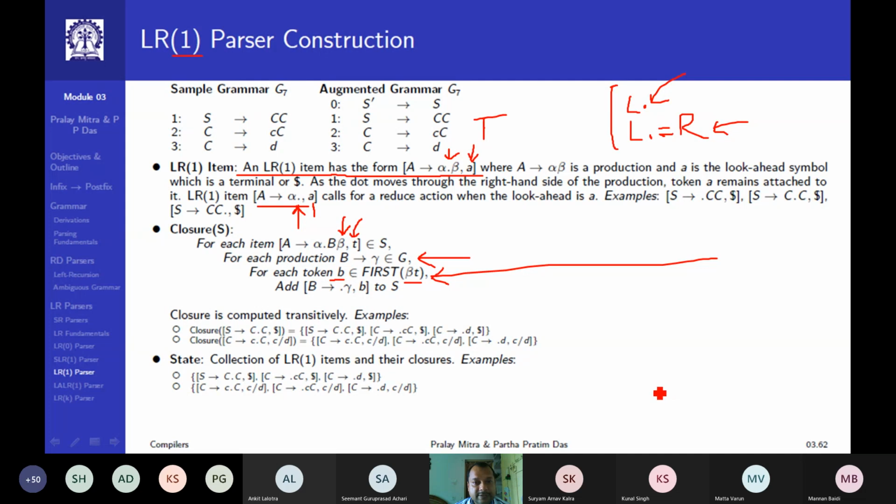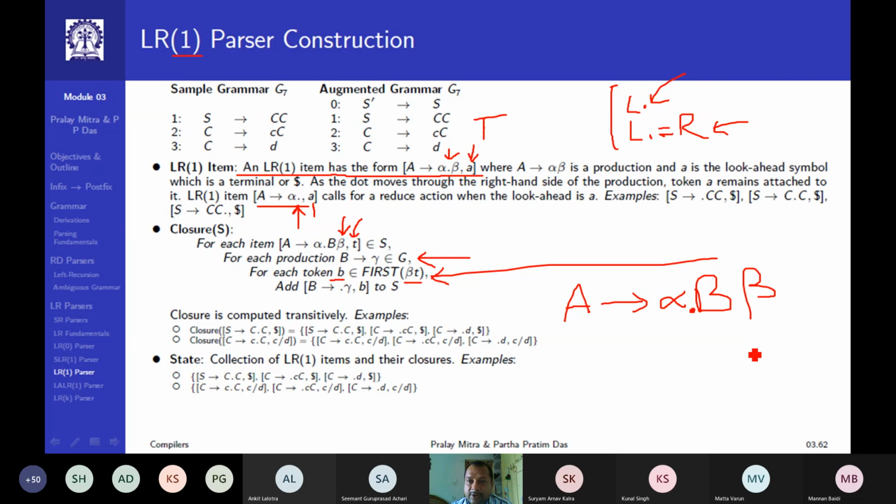Is this point clear? So here I am writing A, alpha, B and beta. Now my initial dot was here. Previously, since the dot is on the left hand side of B, all the production rules starting with B will be part of this as per the closure property.